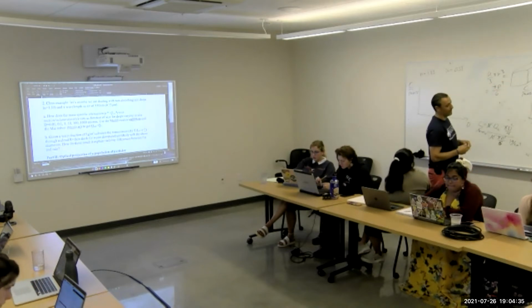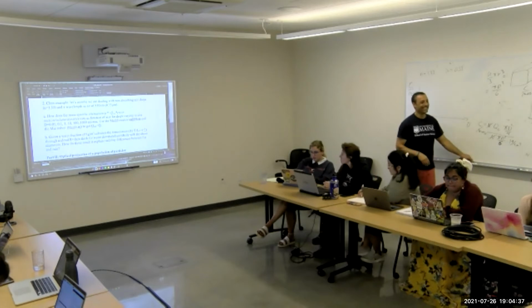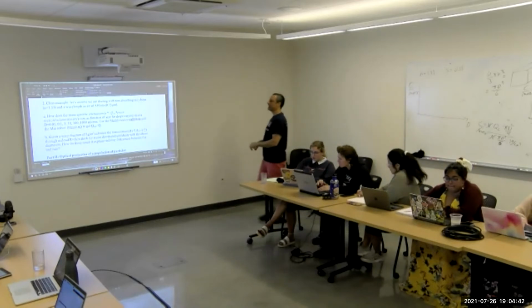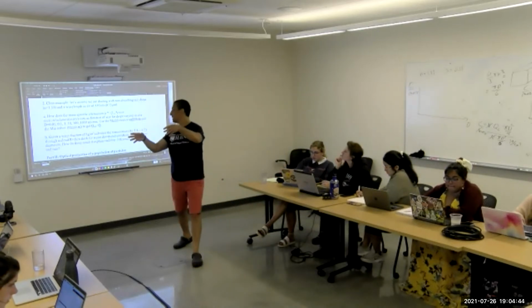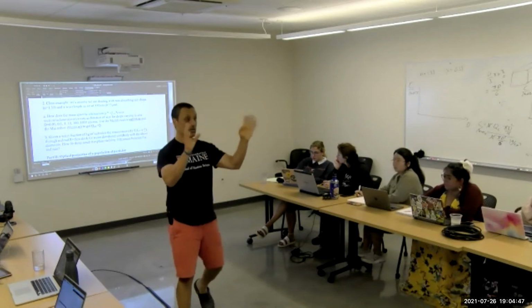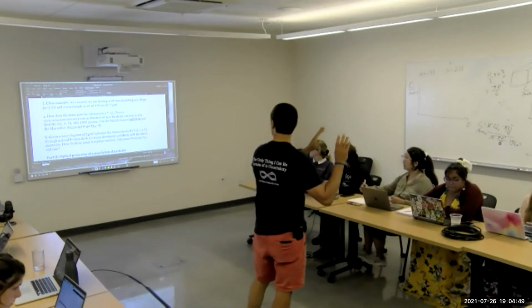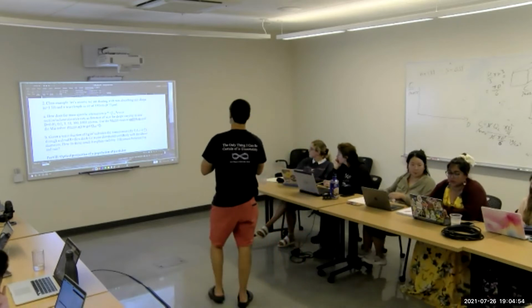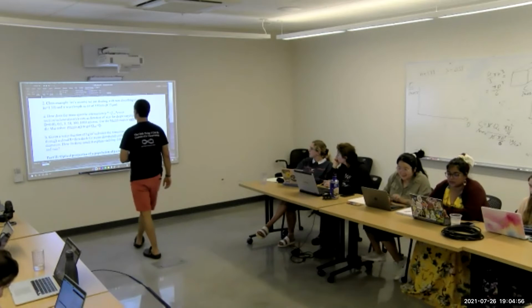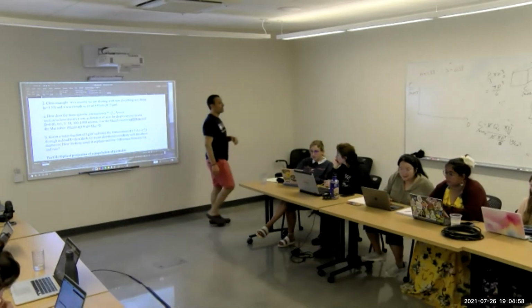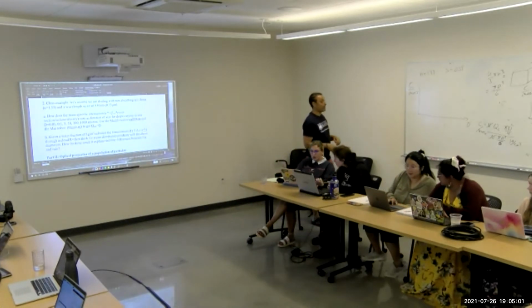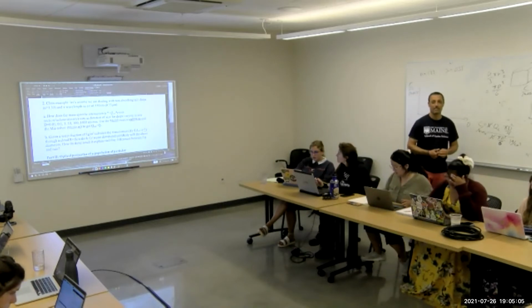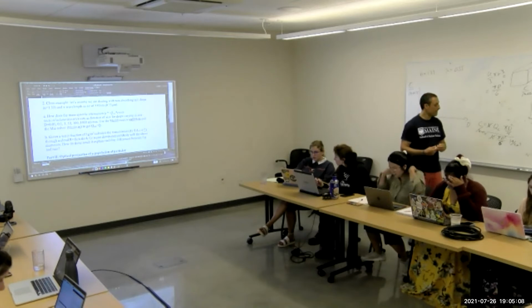So you guys are doing the 0.01, you guys are doing the 0.1 micron, 1 micron, 10 micron, 100 micron, and 1 millimeter, or 1,000 micron. So that's where you get the 6.